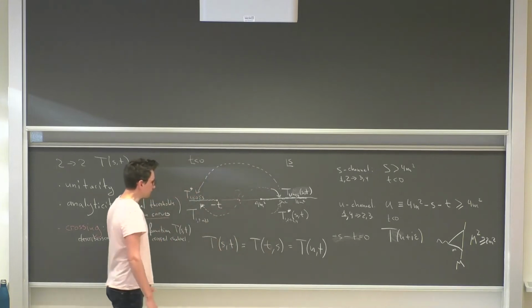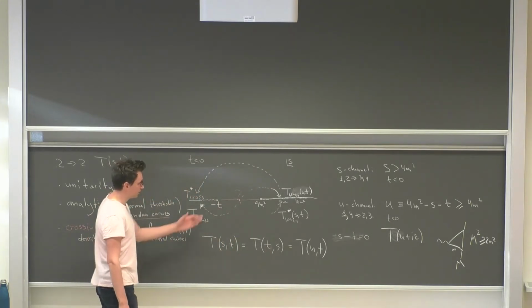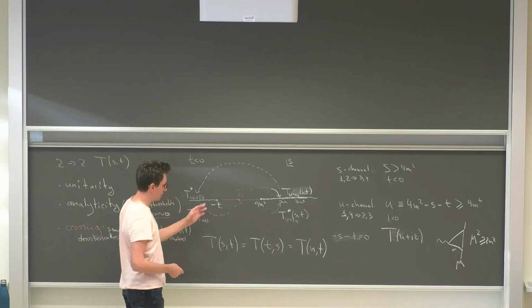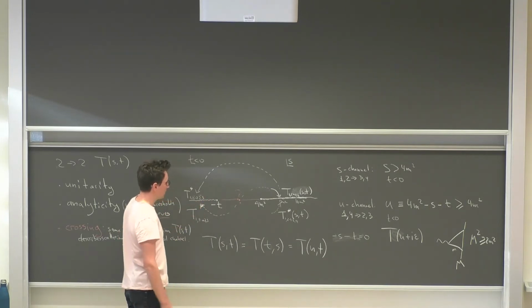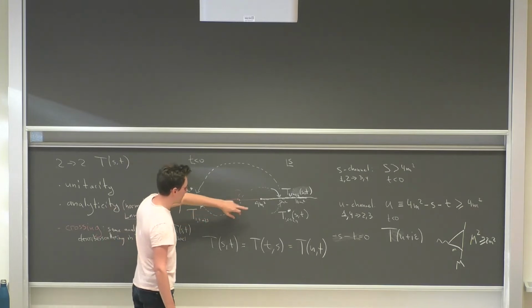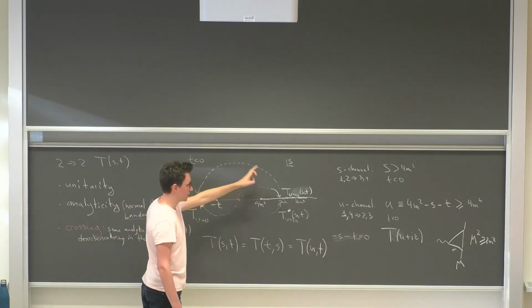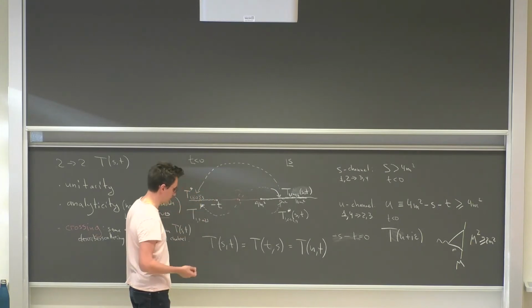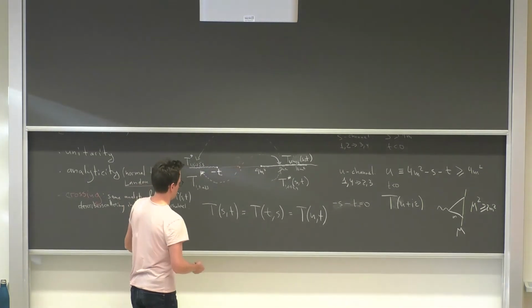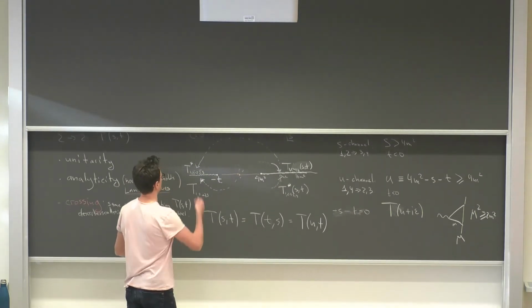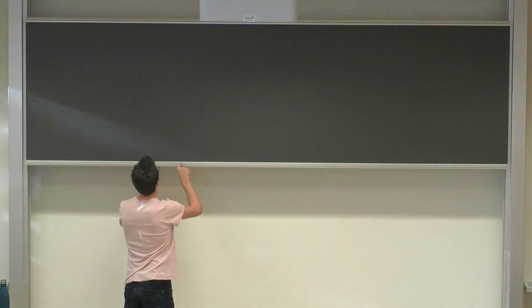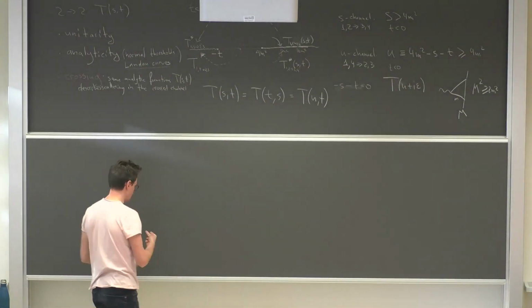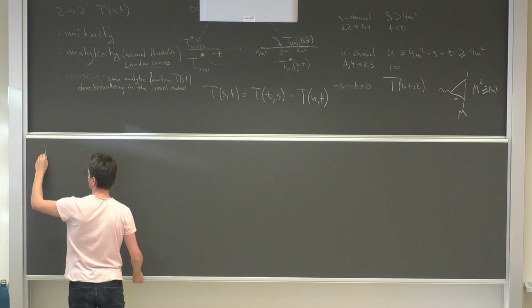So in case if you do not have this path, you can still establish crossing symmetry. However, the path from the, say, S channel to the U channel is more complicated, and this is what is known as Bros-Epstein-Glaser path.